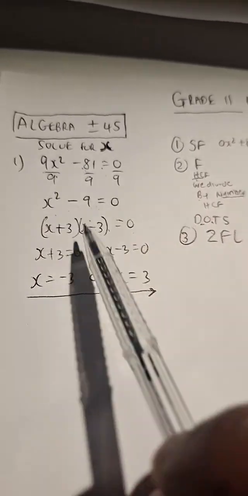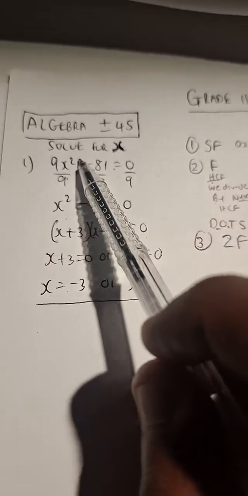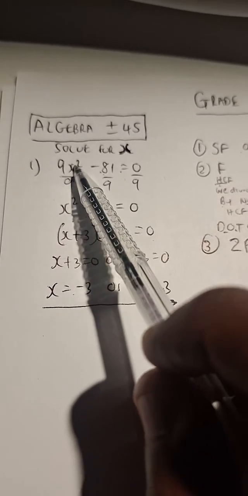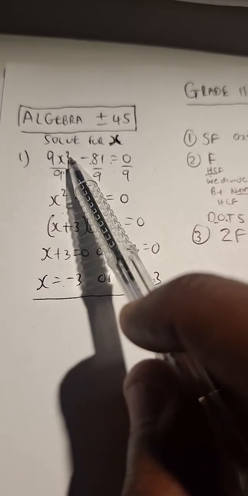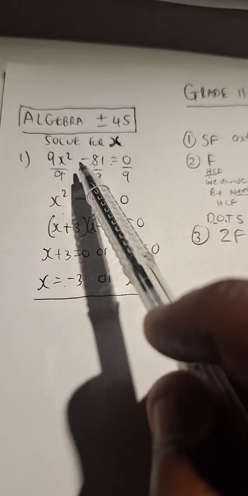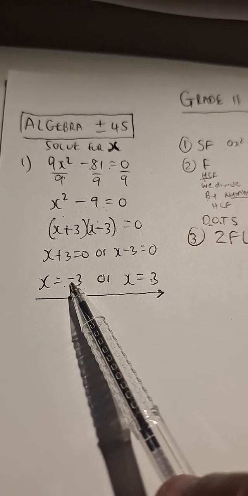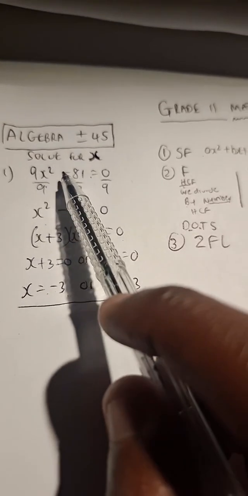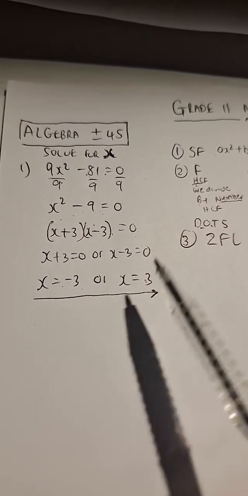Of course, we are expecting to have two answers. Why? Because this is a quadratic. X squared means this is a quadratic equation. And as it is quadratic, what are we expecting at the end? We are expecting or anticipating to have at least two answers. So that's why you can see that we have x is equal to negative 3 or x is equal to 3.